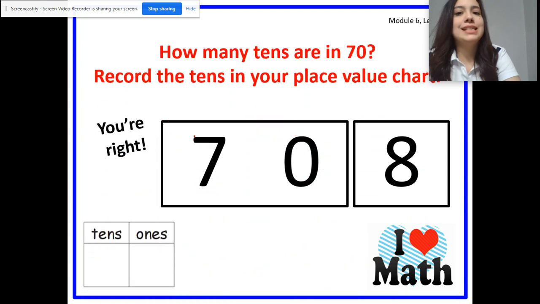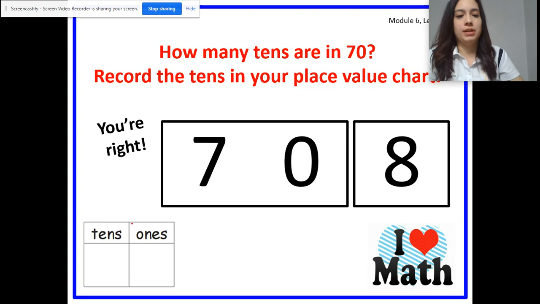So how many tens are in 70? Get ready. Remember, answer with the unit. 7 tens. So record the tens in your first place value chart. Go ahead and record the tens in your first place value chart.